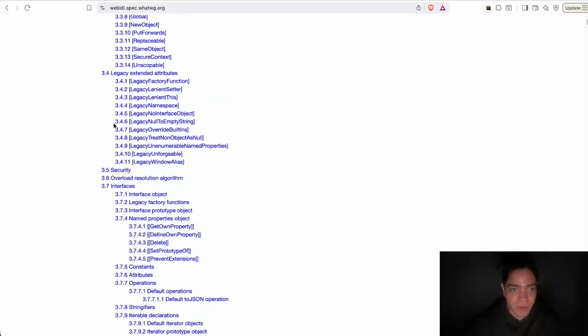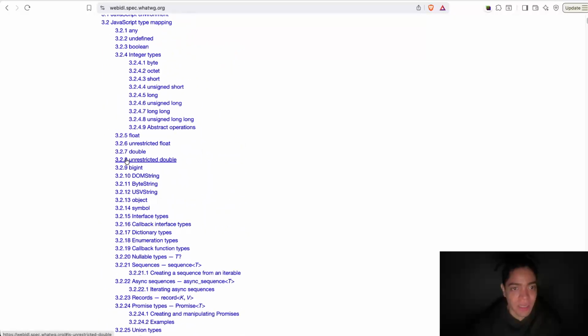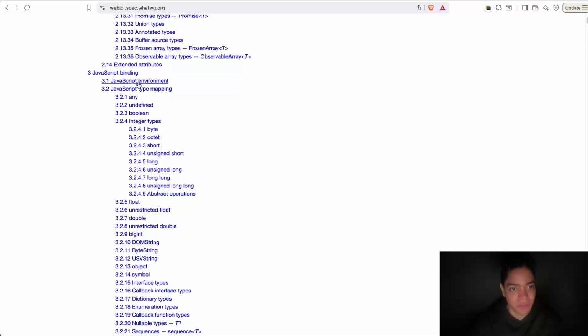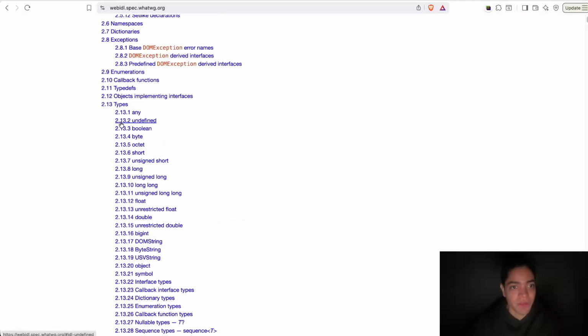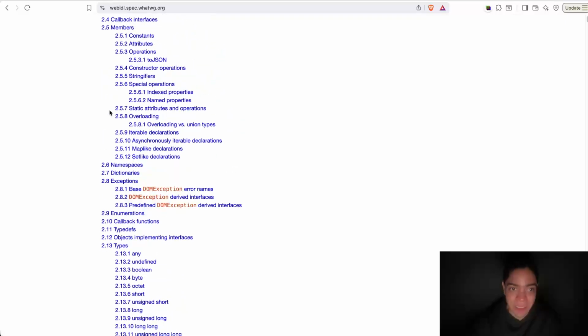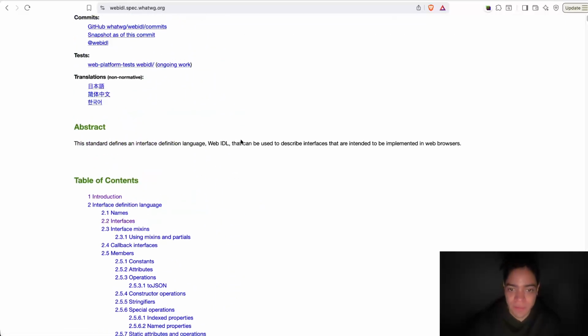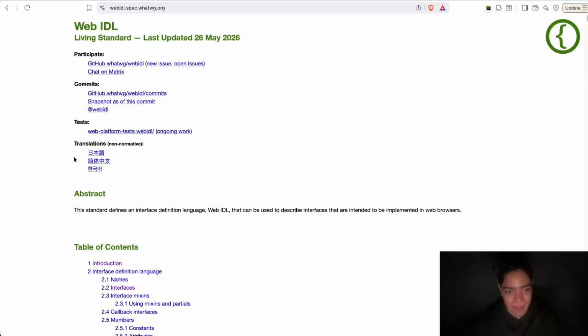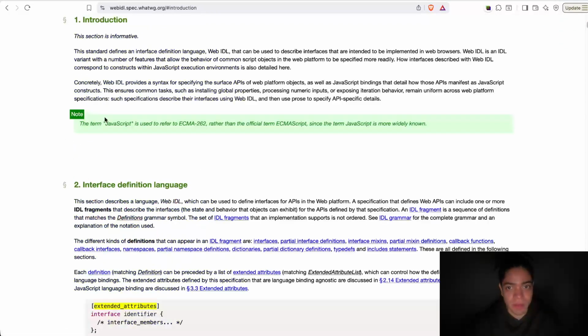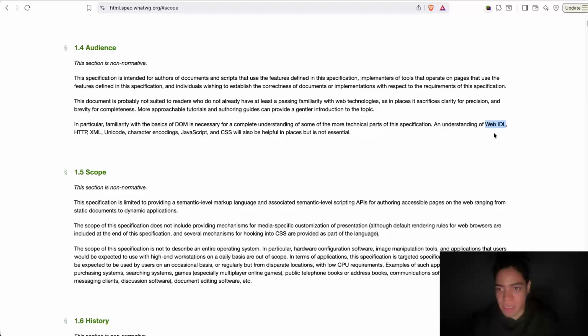And you can see all the different functionality that you can have access to. So not only in terms of the JavaScript bindings, but also how you can add, for example, global variables, or how common scripts behave in the web platform, right? So yeah, that's pretty much one of the aspects of Web IDL.